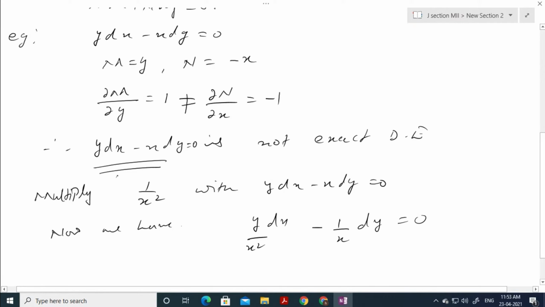What I have done is multiplied the function 1 by x square with the given differential equation. So now this is my differential equation.